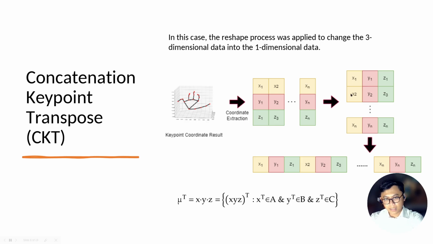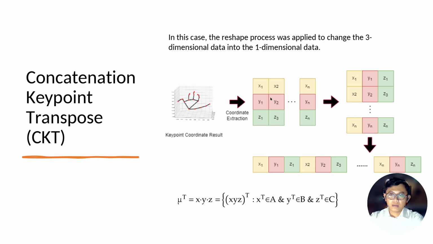As we can see on the screen, previously we have a multi-dimensional array containing the x, y, and z with the order x1, x2 until xn, y1, y2 until yn, and z1, z2 until zn.